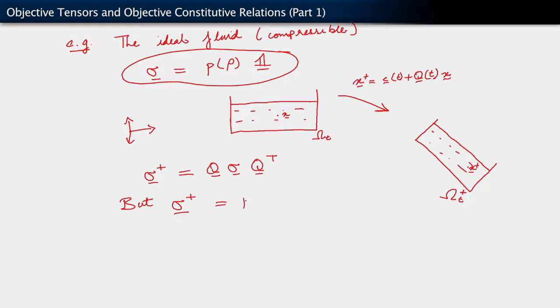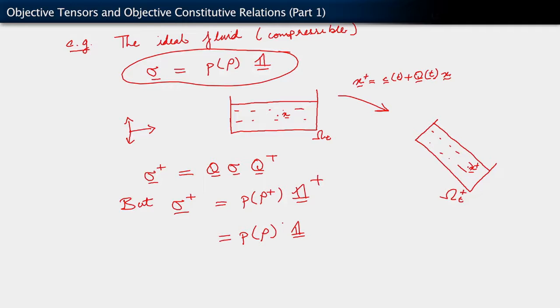Now, P is a scalar that depends upon a scalar, which under the transformation becomes rho plus, times the isotropic tensor in the new configuration. But the isotropic tensor, after all, is a constant, so it stays the same. Now, P is a function of rho, and in the new configuration it has to be evaluated at rho plus. But we know that scalars remain the same, so rho plus becomes rho.